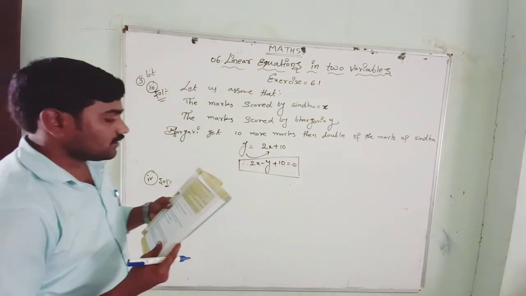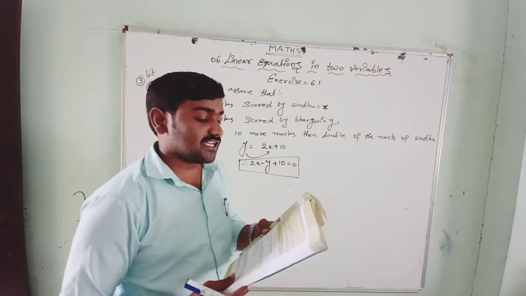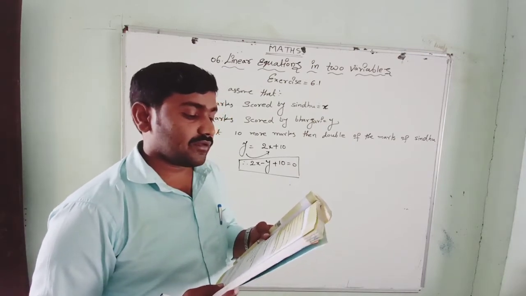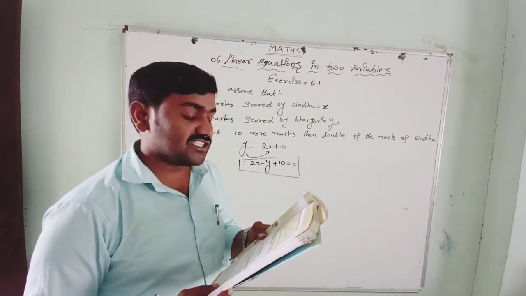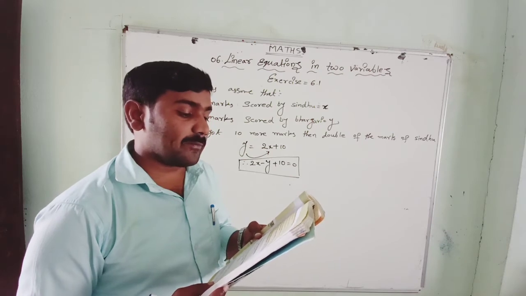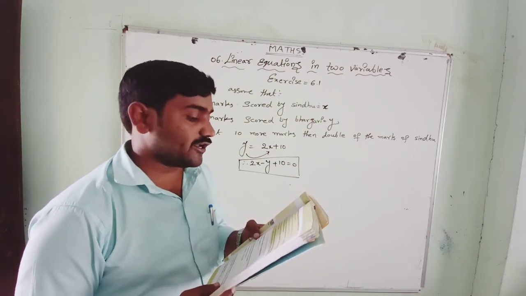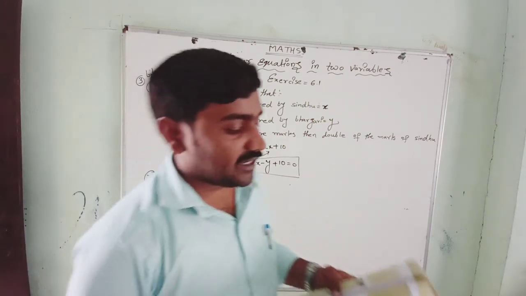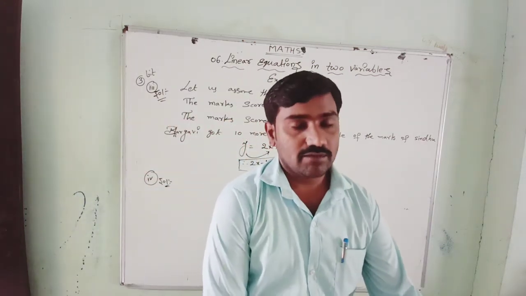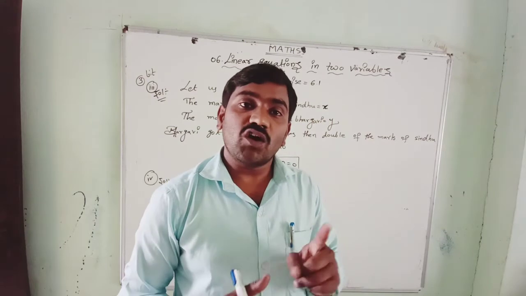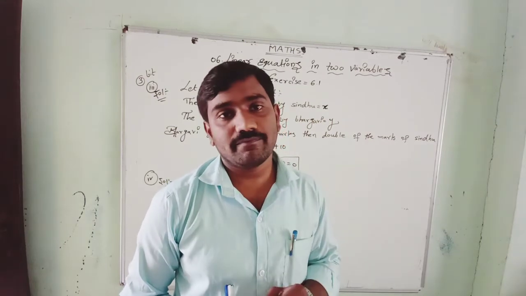Yes. Now the cost of pencil is rupees 2 and one ballpoint pen cost is 15 rupees. Sheila pays 100 rupees for pencils and pens she purchased. So the cost of one pencil is 2 rupees.